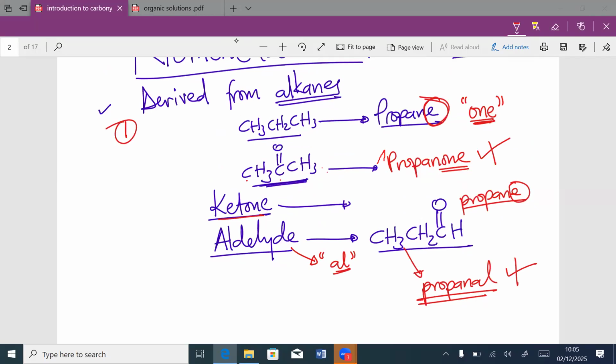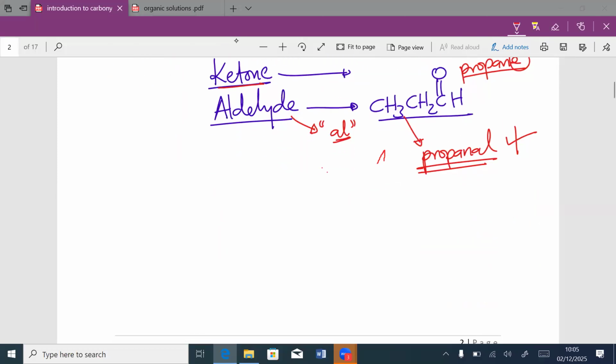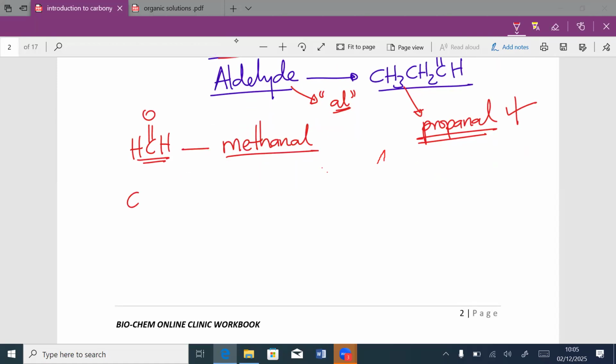And this one here just goes for simple carbonyl compounds, the ones with less than 4 carbon atoms. For example, you have this HCOH. This one is having 1 carbon atom, and you realize it's actually an aldehyde. So this one is called methanal. Or I can have CH3, CO, CH2, CH3.